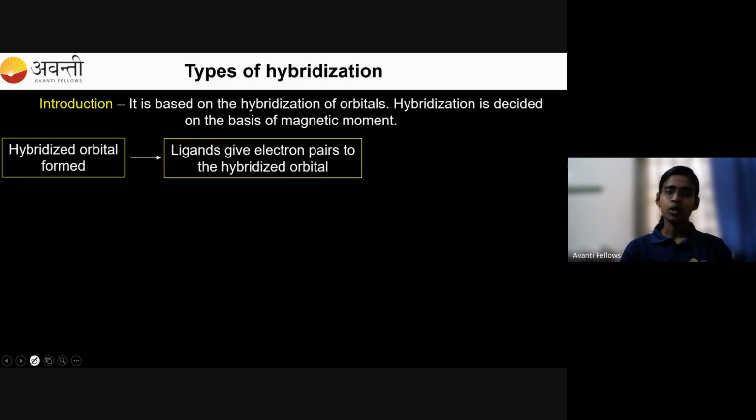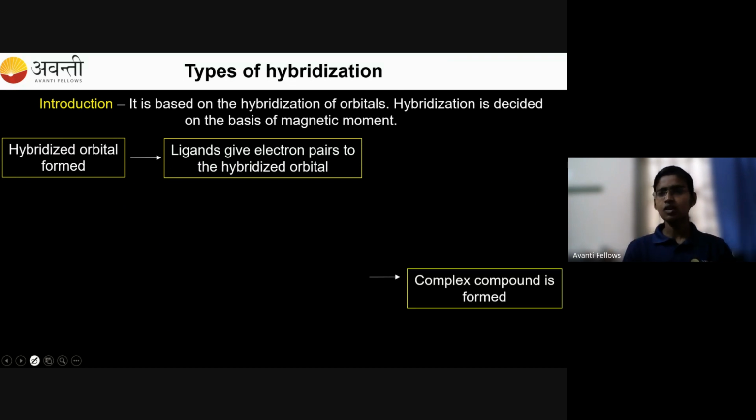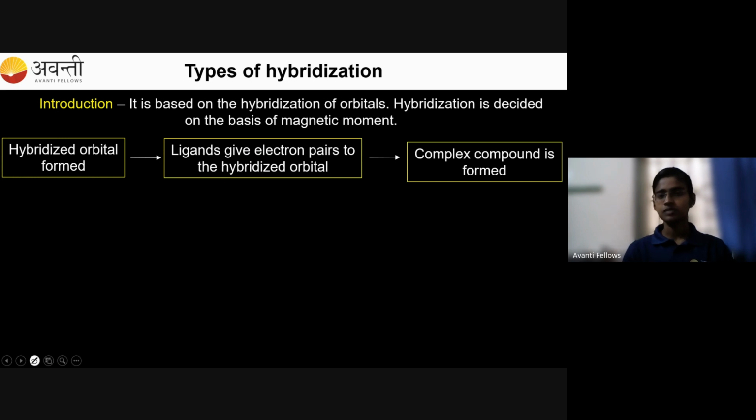Ligands are electron donors, so they give electron pairs to the hybridized orbital of the metal. Because of this bond formation, a complex compound is formed. That's what we call coordination complexes.